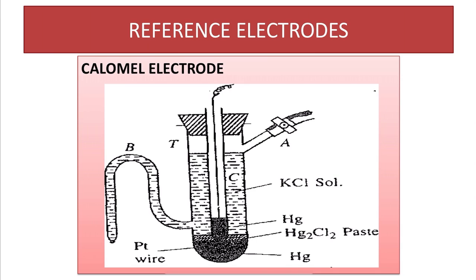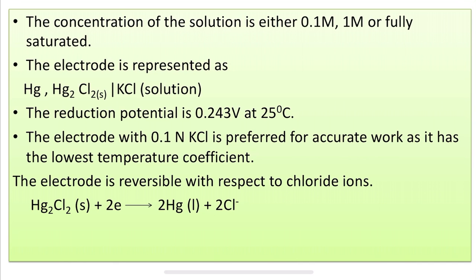The tip of the side tube is always placed under saturated KCl contained in a beaker. The electrode is represented as Hg2Cl2, which will be in solid state, and KCl solution. So this is how the electrode is represented: Hg2Cl2, one line, KCl solution.